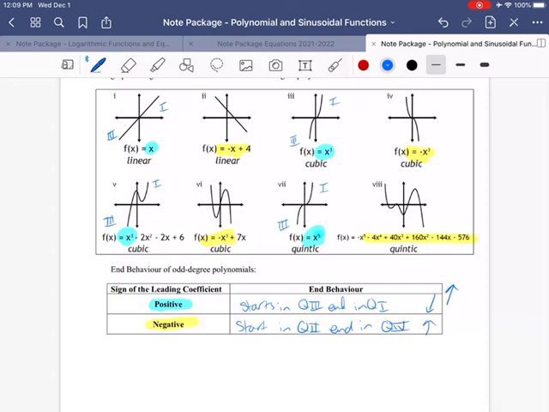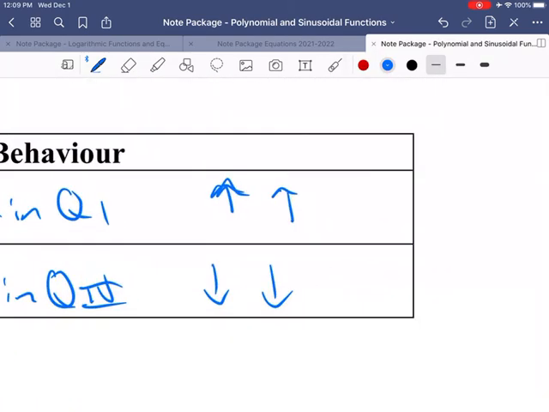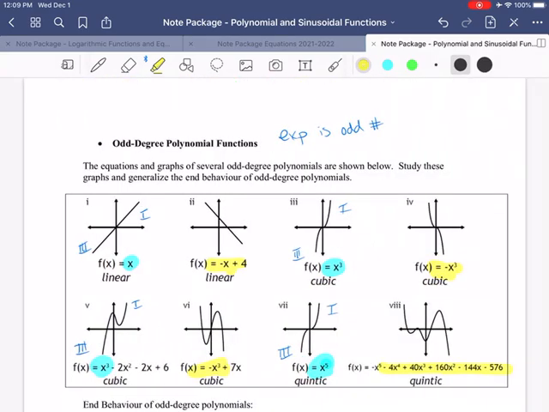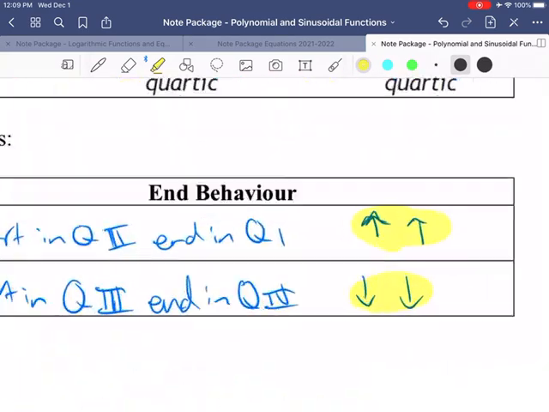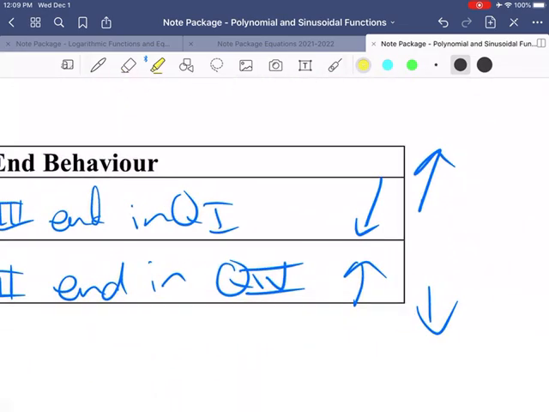So the left side goes up, and the right side goes down. You'll see that they're opposite. So even degree polynomial functions will be in the same direction, and the odd polynomial functions go in opposite directions for their end behavior.